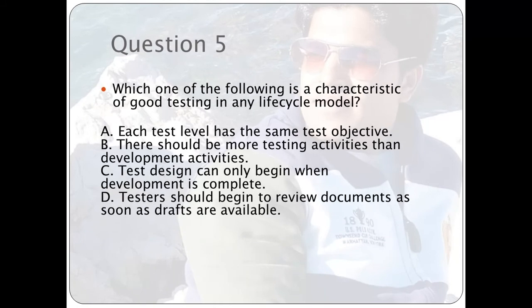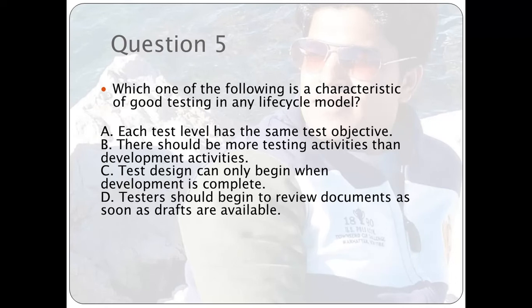Next question, which is the characteristic of good testing in any life cycle model? If you go by the choices, it is very much obvious that testers should begin to review documents as soon as drafts are available. Drafts may be the software requirement document.